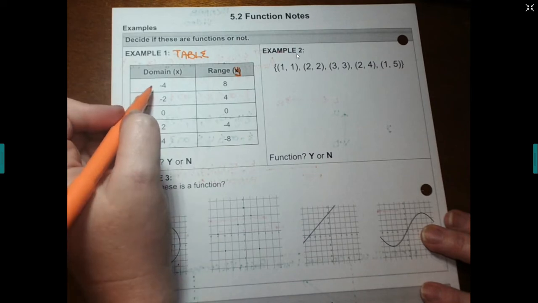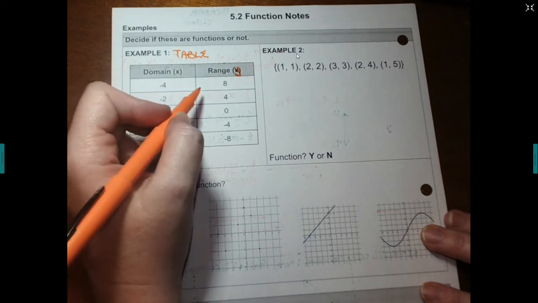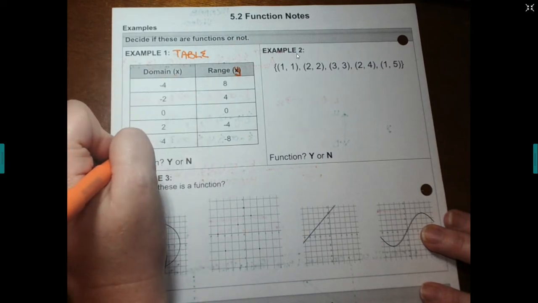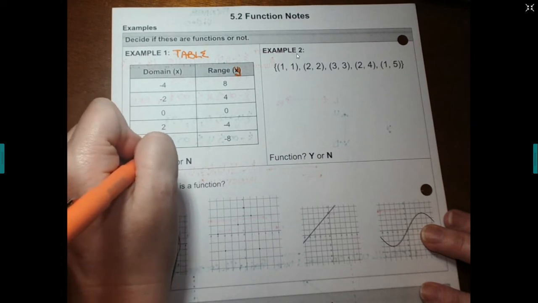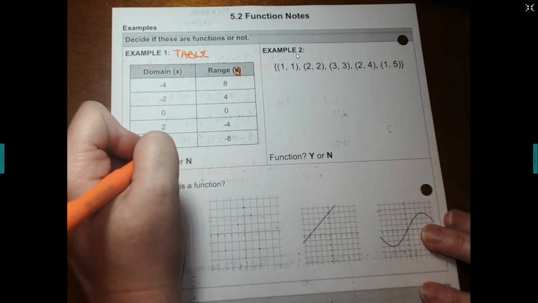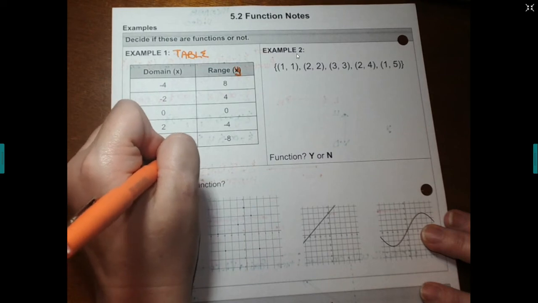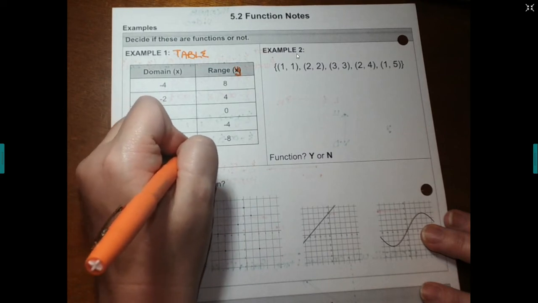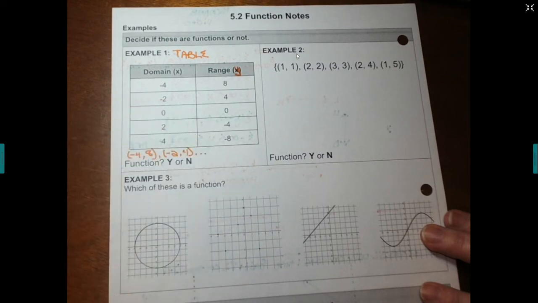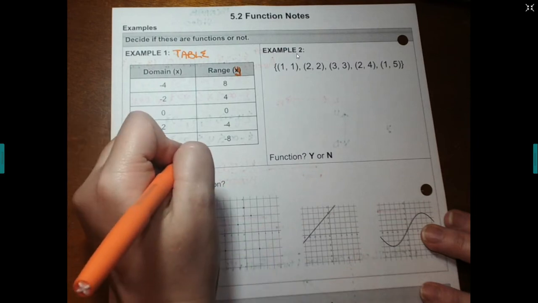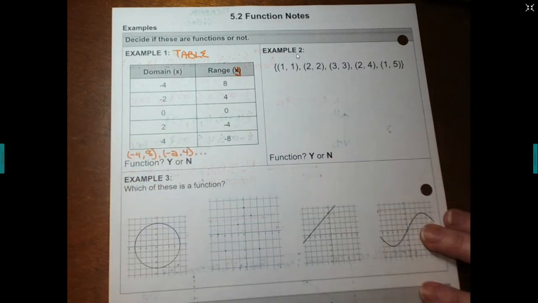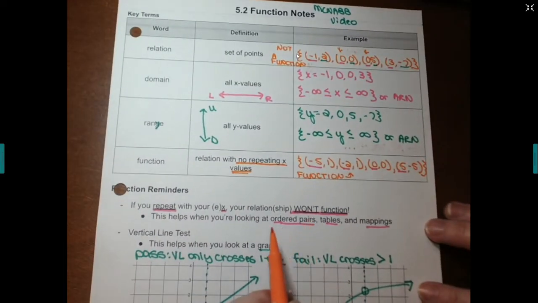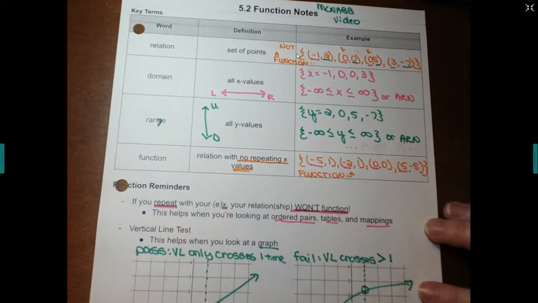And what this is, each row you can think of as a point. So like we have -4, 8, we have -2, 4, and so on and so forth, right? But all I'm really looking at to decide if something is a function is I'm looking to see if it has repeating x's.